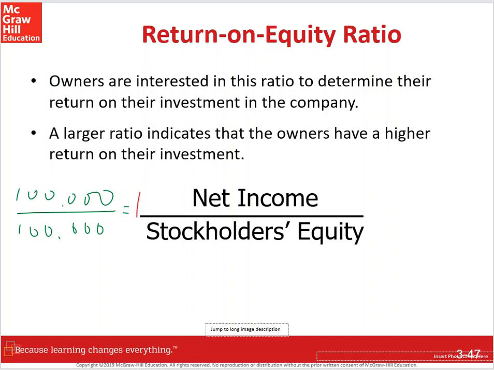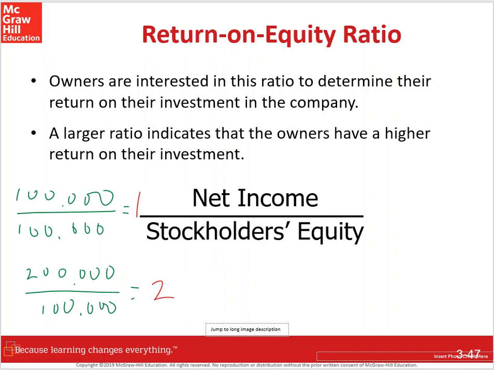And this ratio will vary a lot by company, depending on the amount of equity versus liabilities they have. So it's hard to say what's good or bad, but what we do know is that larger means that they have a higher return on investment. So if we had $200,000 of net income based on $100,000 in stockholders' equity, then our ratio goes up to 2.